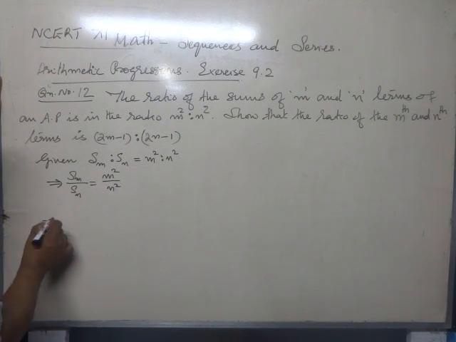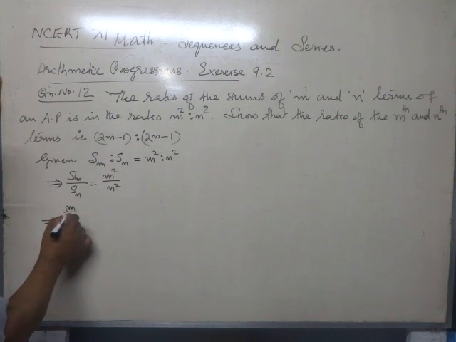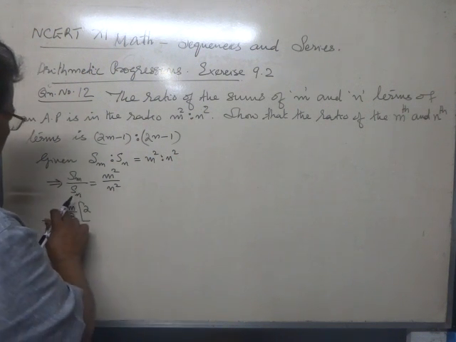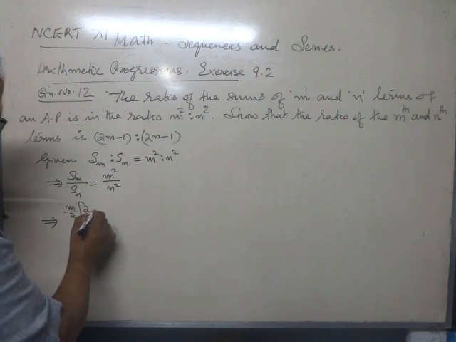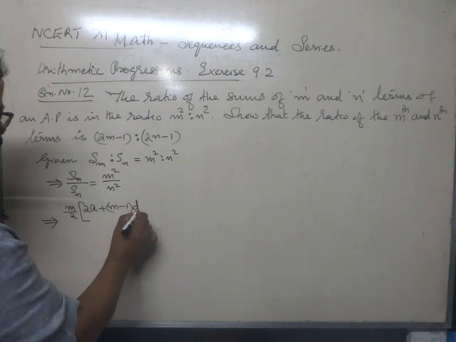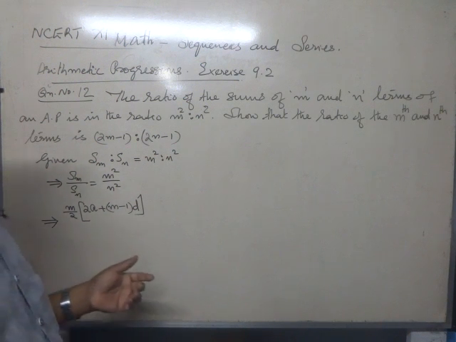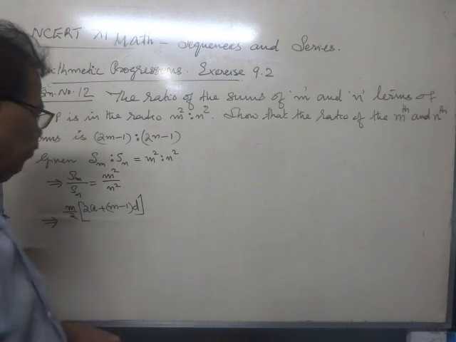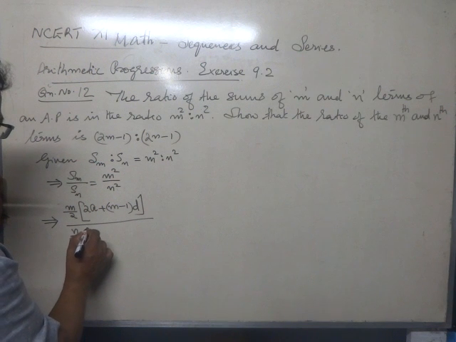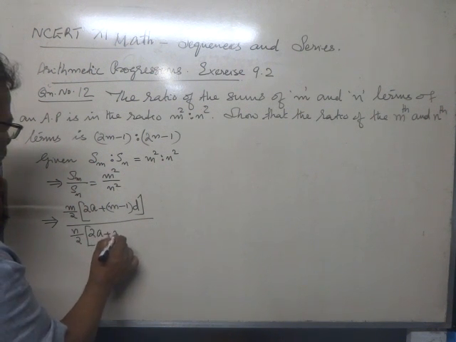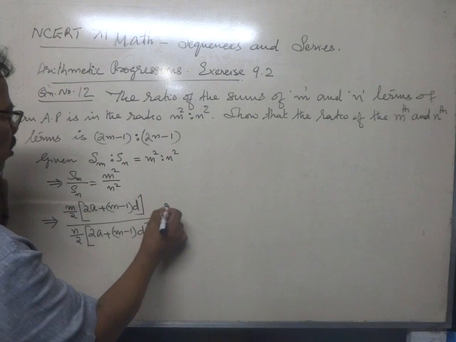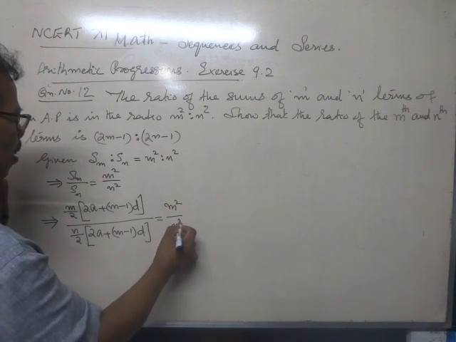That is to say, the sum to m terms is m by 2 into 2a plus m minus 1 d, where d is the common difference of that AP, divided by Sn, that is n by 2 into 2a plus n minus 1 d, equal to m square by n square.